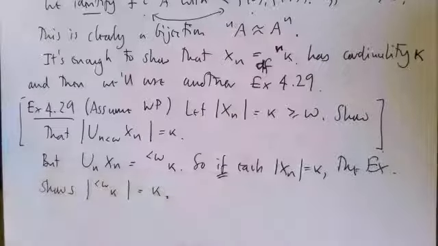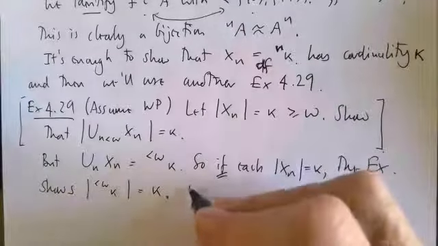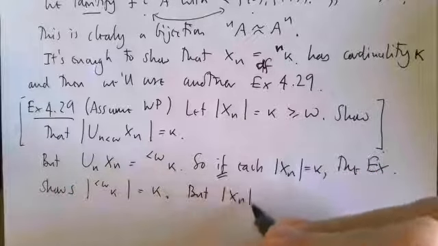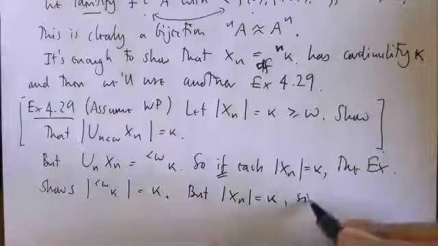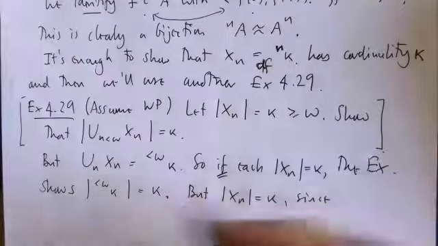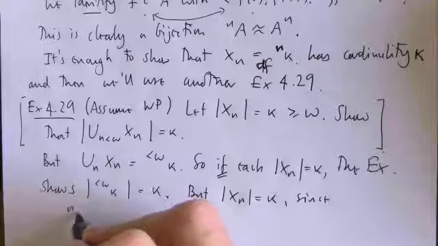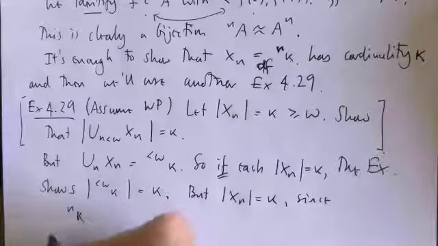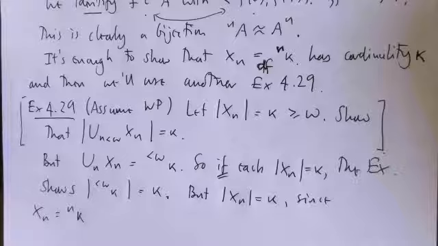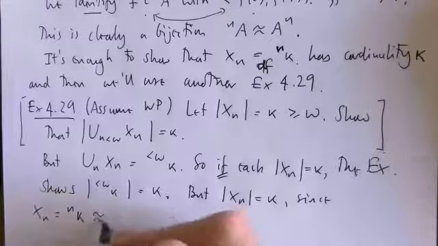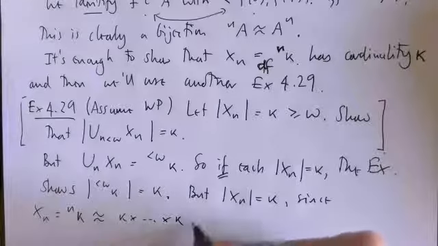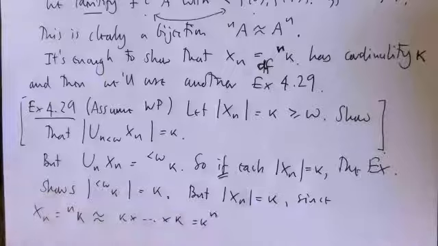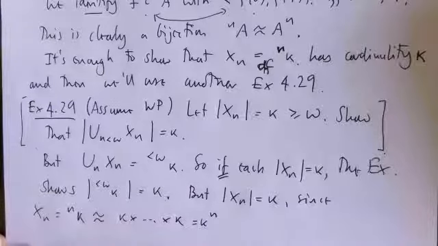So if each Xn has size kappa, okay, but indeed this is the case, right? Since Xn, this is kappa to the n here, this is bijective with kappa to the n, right?